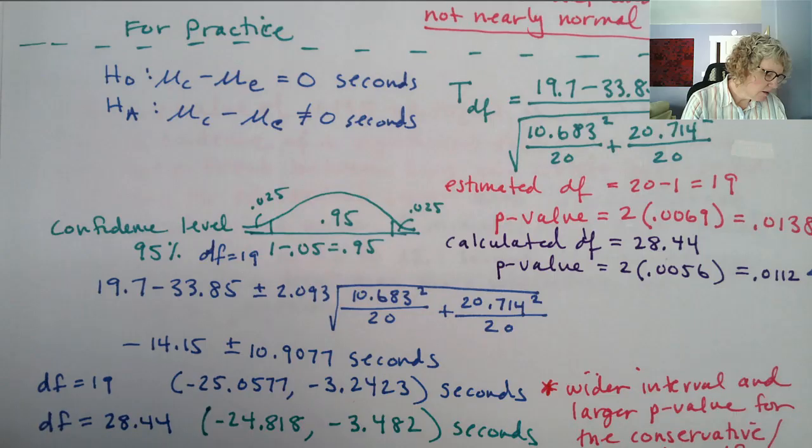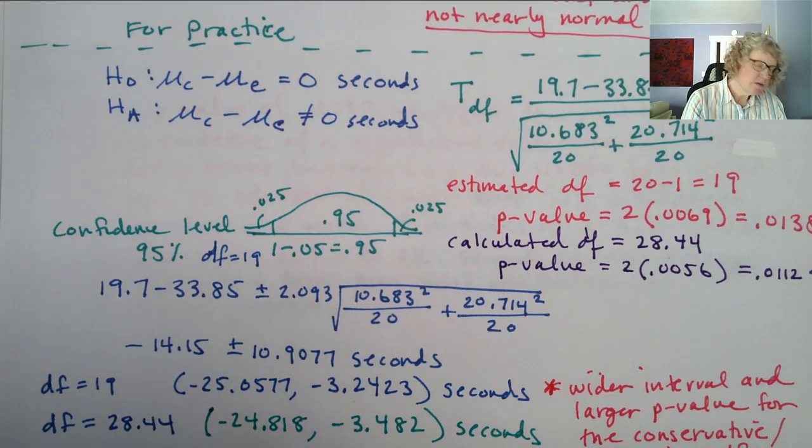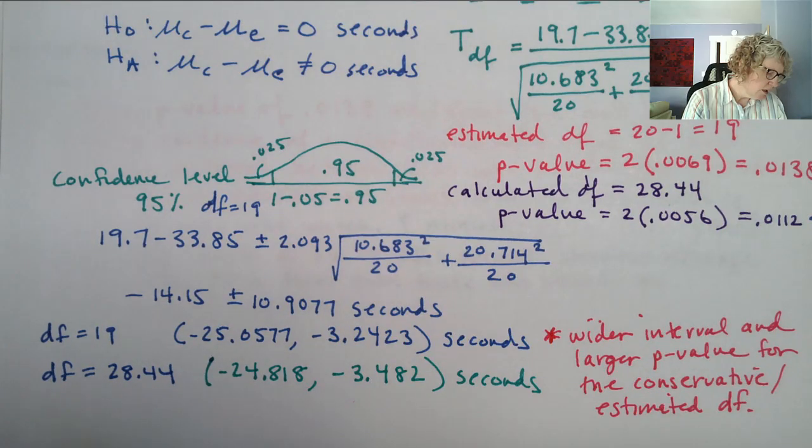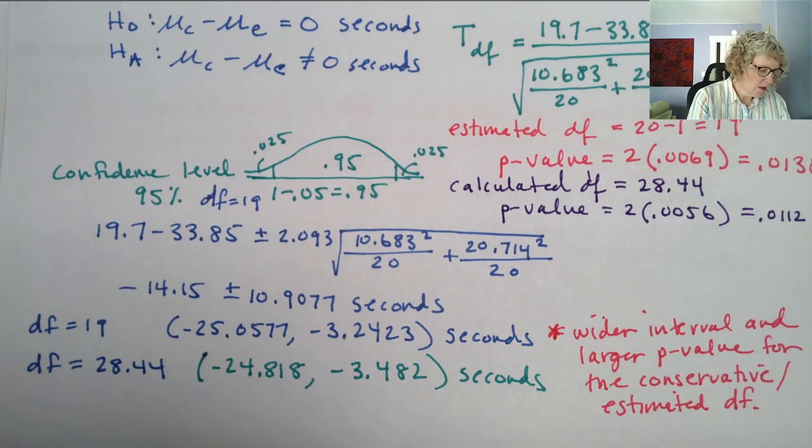If the null's not in it. So they're both negative, so 0 is not in there. And this is fully below 0, right? So this supports rejecting the null. If it was fully above or fully below, this supports rejecting the null.